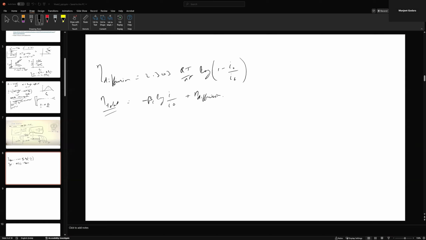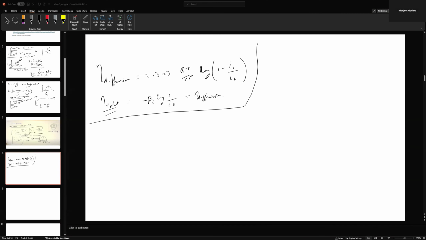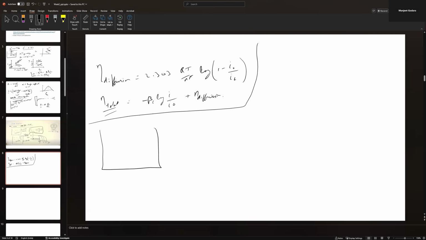Then there was the mixed potential theory, by Wagner and Traud. Say we have multiple reactions taking place, as you mentioned, there was a metal. The metal is getting oxidized, so we have two reactions taking place.